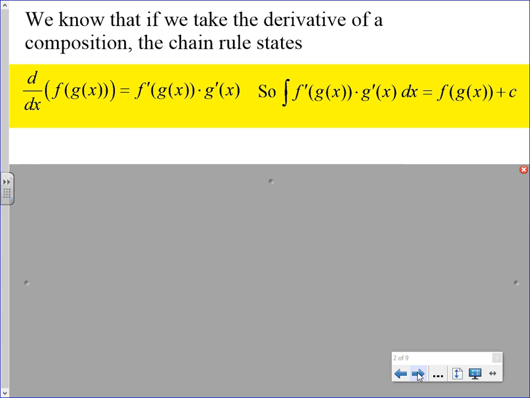So let's think about this. We know that the derivative of a composition function, we have to take the derivative of the outside and then multiply by the inside. Do you agree? What do we call that? Chain rule. Okay. So if we have something that looks like the chain rule inside of our antiderivative, then that is what our antiderivative would be.